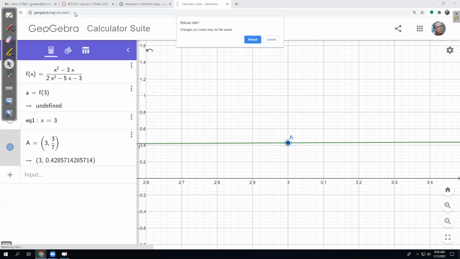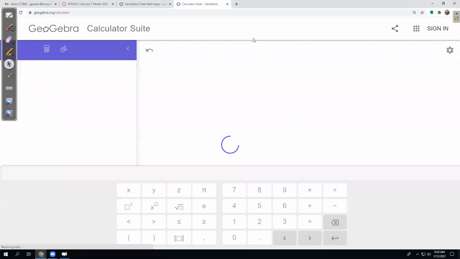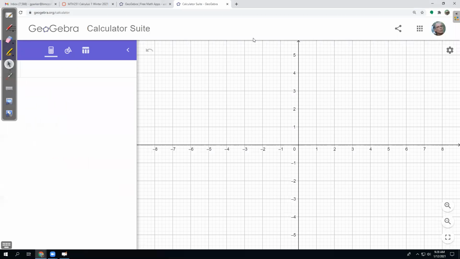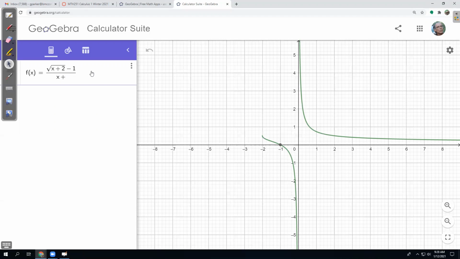I'm going to reset, get back to the origin, and call this f of x again for the heck of it. And it is a fraction with the square root of x plus 2 minus 1 in the numerator and x plus 1 in the denominator.